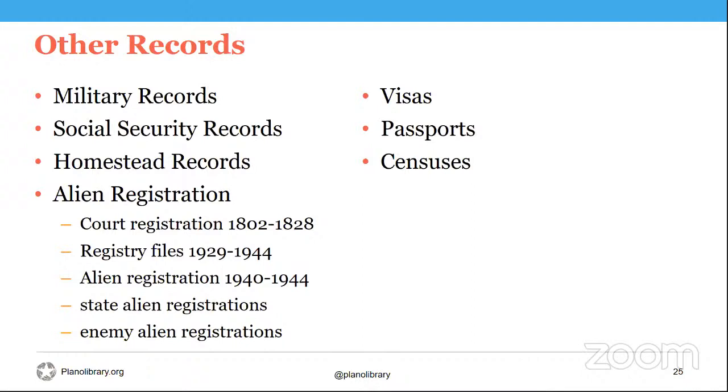Depending on the time period, there's alien registration, visas, passports, looking in census. There's a lot of ways to go at it, and that's why knowing as much as you can about that person will help you know where else to look.